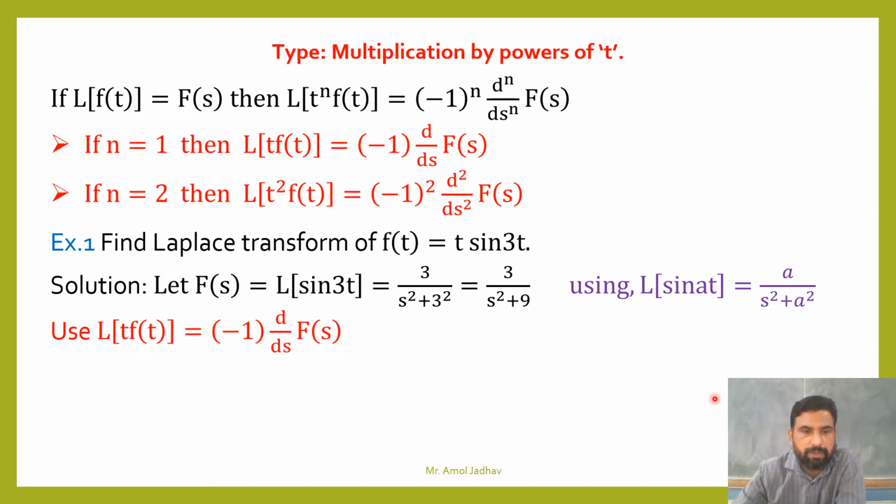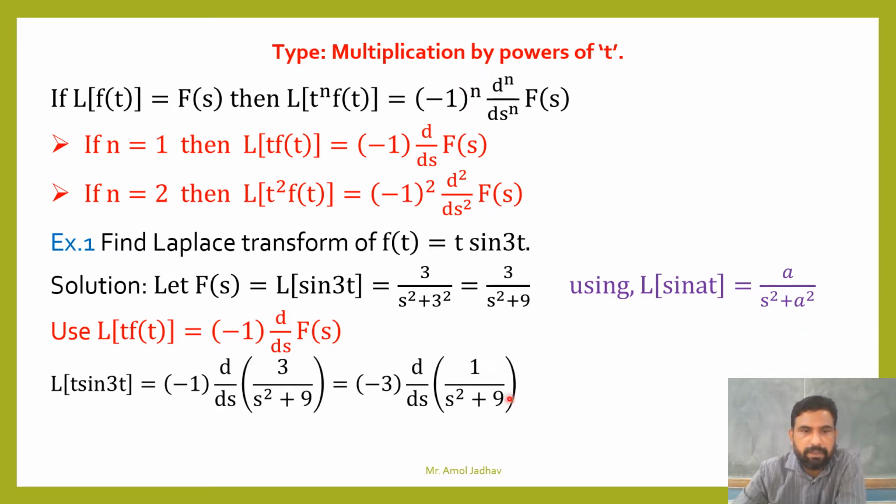Use the above property: L of t into f of t is minus 1 into d by ds of F of s, that is, the derivative of F of s. Here minus 1 as it is, and d by ds of 3 upon s square plus 9.